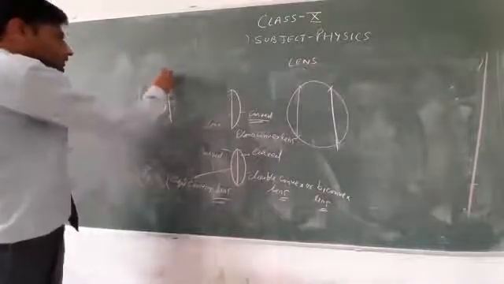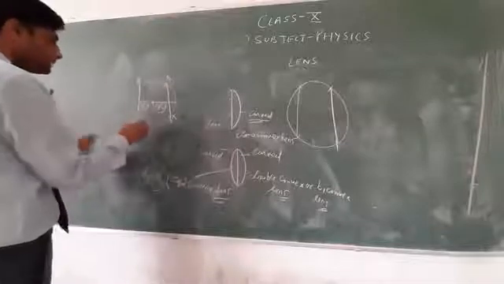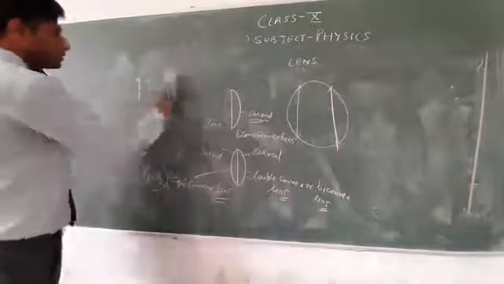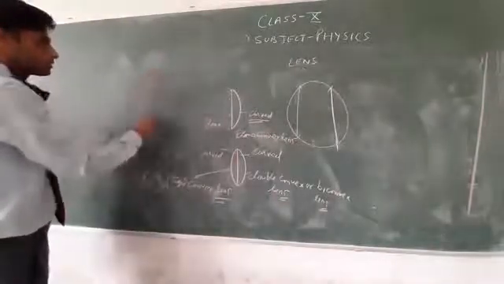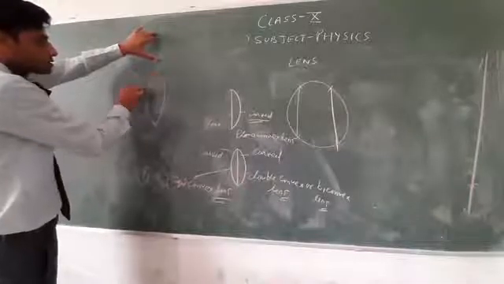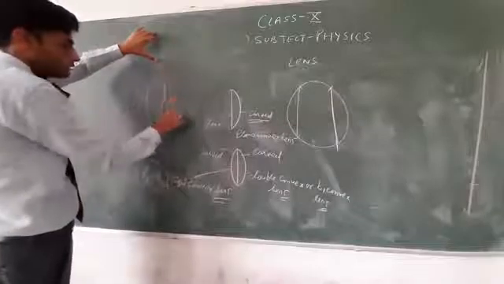That this is X dash, Y dash, and fixed. They have obtained a convex lens. And this is your convex. So you can see it forms two spheres.